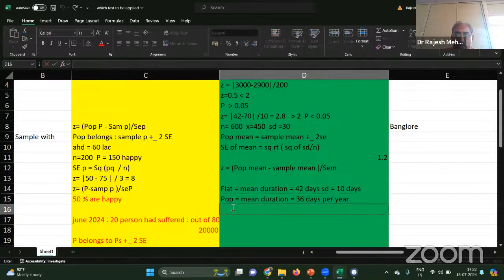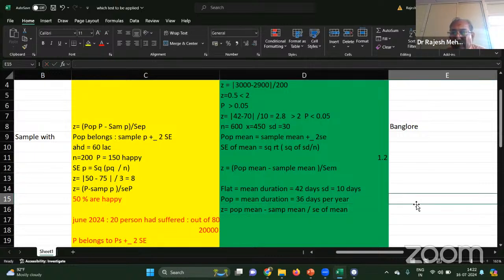So in this, you need to find out Z is equal to population mean minus sample mean divided by standard error of mean. Standard error of mean, this you need to find out. And then find out whether it is more than or less than.